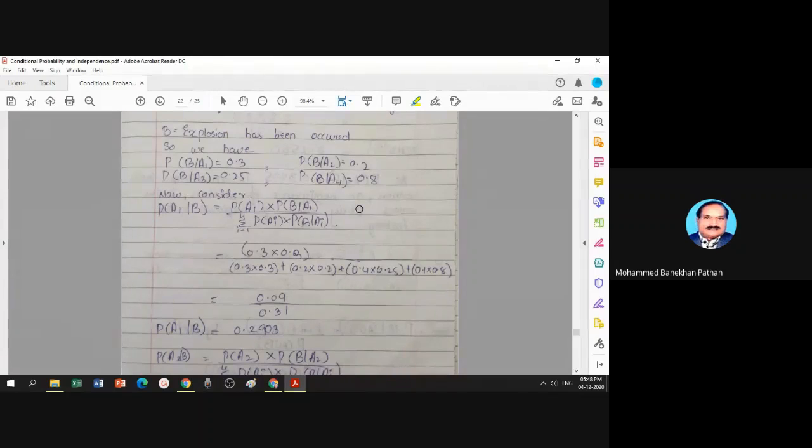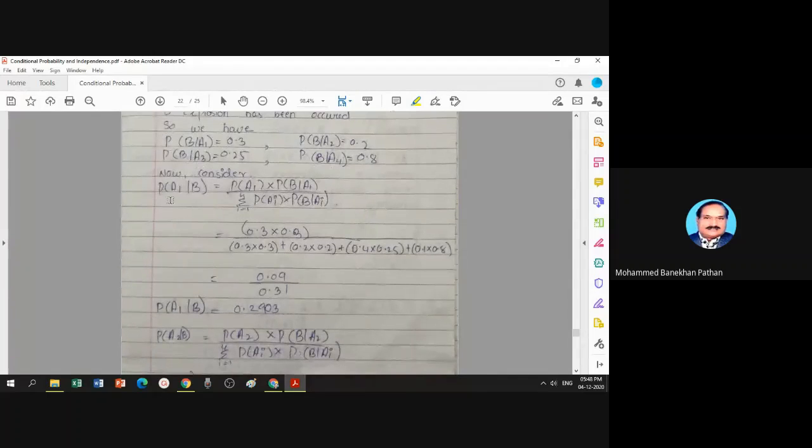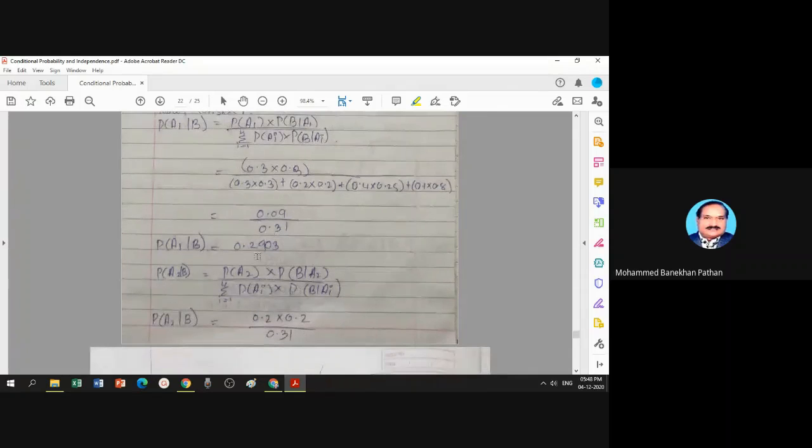That means you have to make 4 calculations of Bayes theorem. Number 1, chance of getting A1 by using the knowledge of explosion. That means probability explosion occurs due to short circuit. Apply the statement of Bayes theorem. Put the calculations which are readily available. Answer is 0.29.